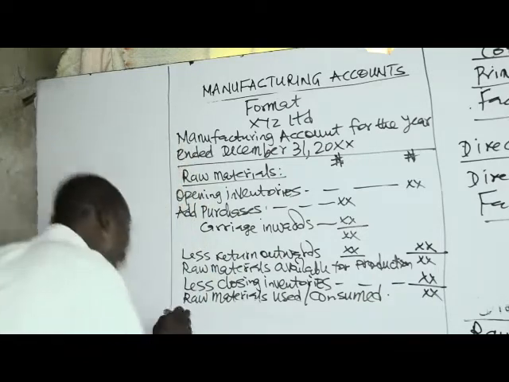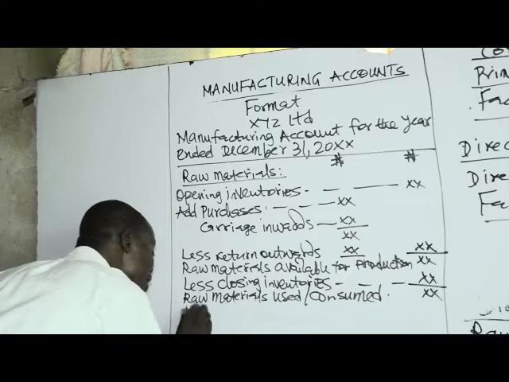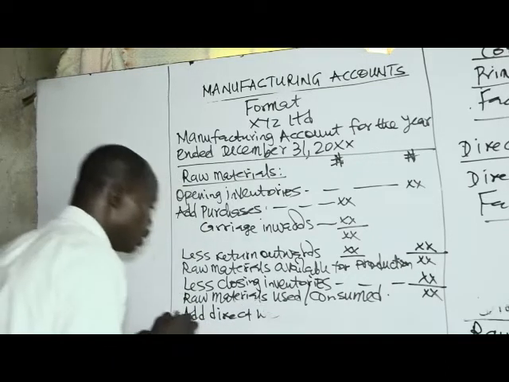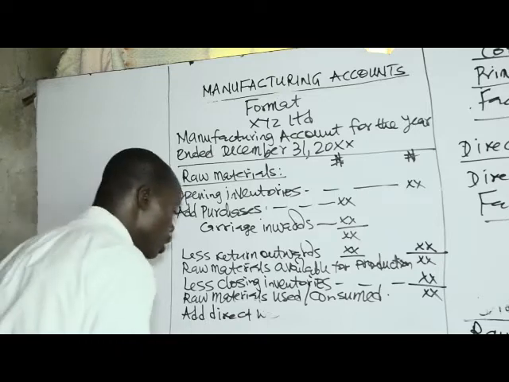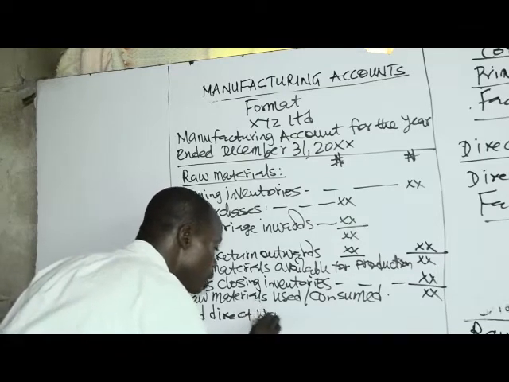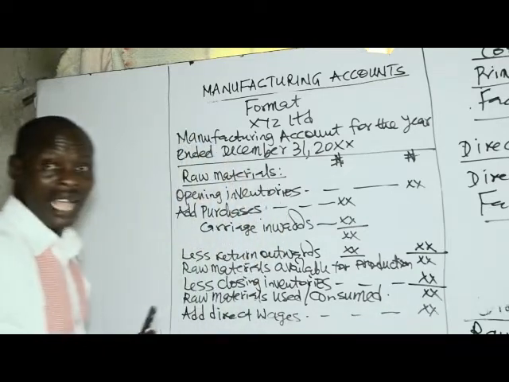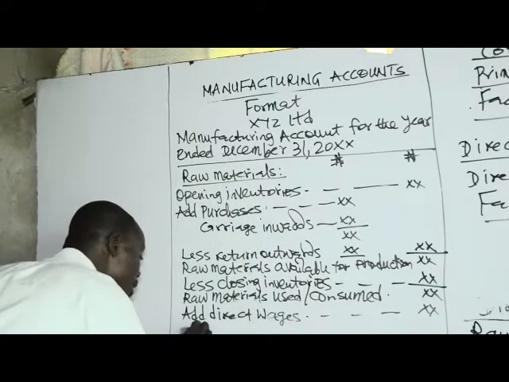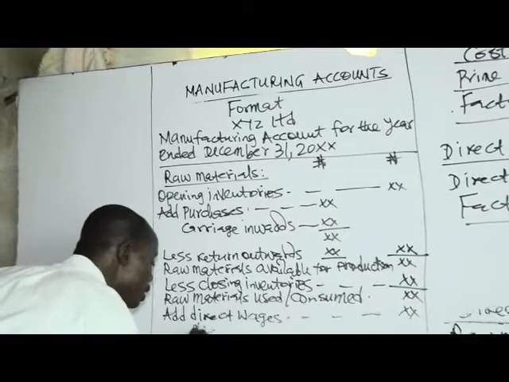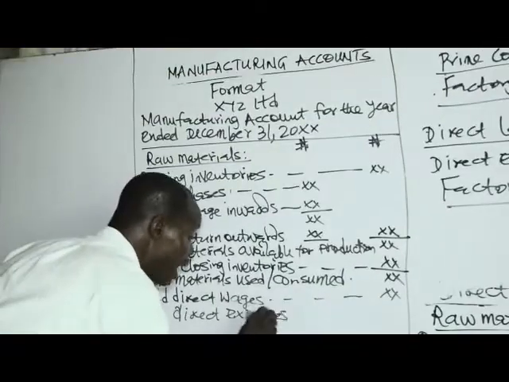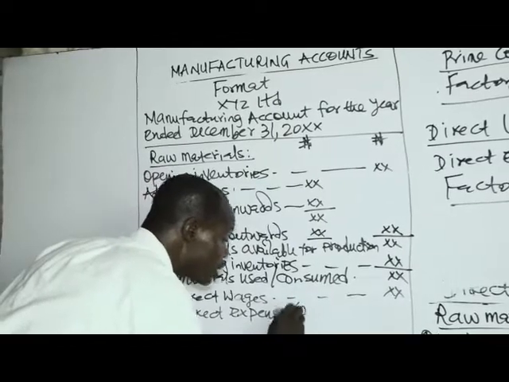So we are going to add direct wages, or direct labor. Then you add direct expenses. And I've told you that an example of direct expenses is royalty.